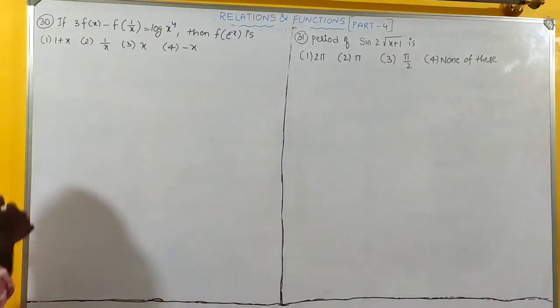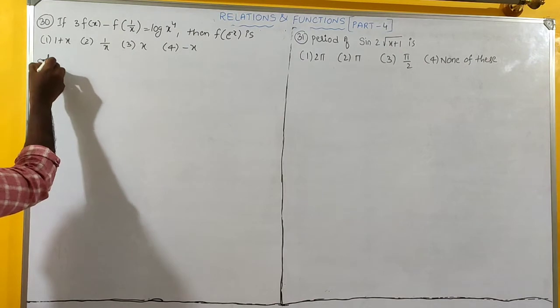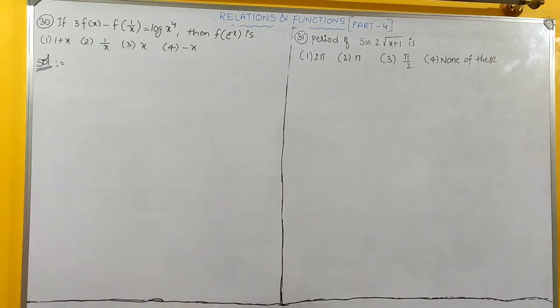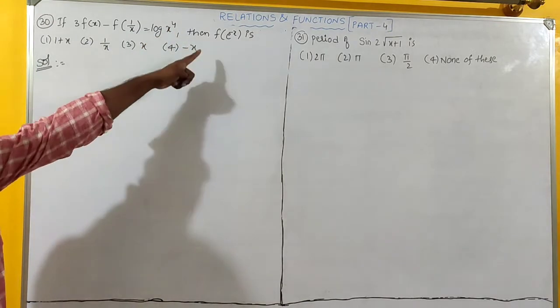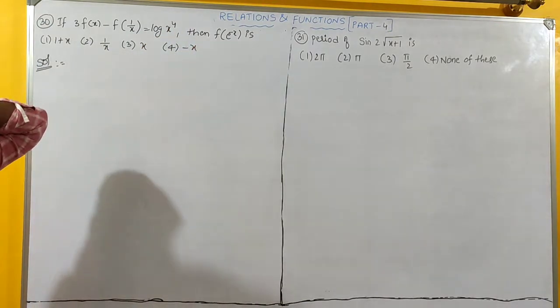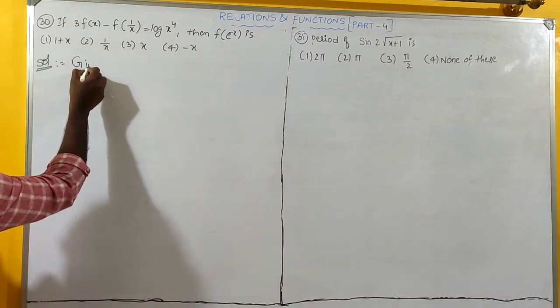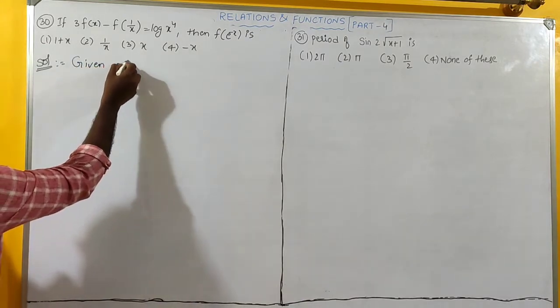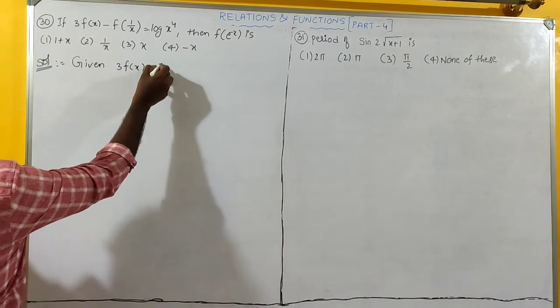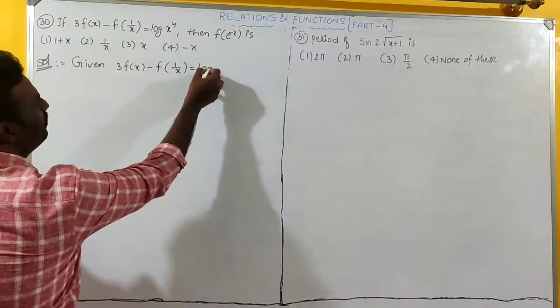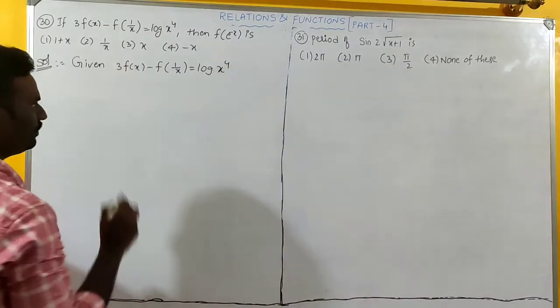Next, 30th question. 3 into f of x minus f of 1 by x equals log x power 4. Then we need to find the value of f of e power minus x. Given 3 into f of x minus f of 1 by x is equal to log x power 4.